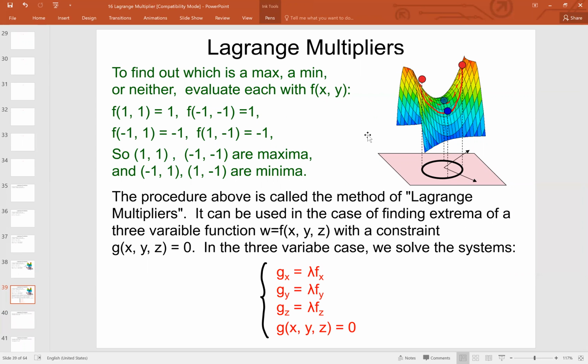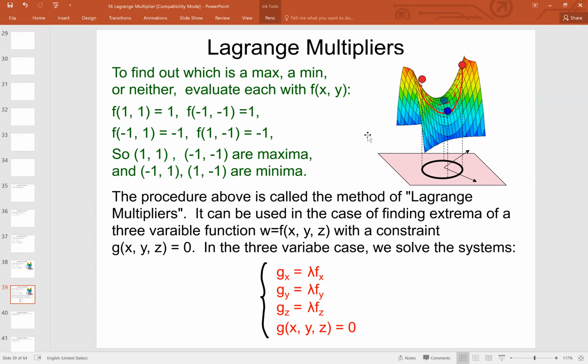And this Lagrange multiplier method works for any dimensions. So in general, you wind up with these equations in 3 variables, and you take the partial derivatives.